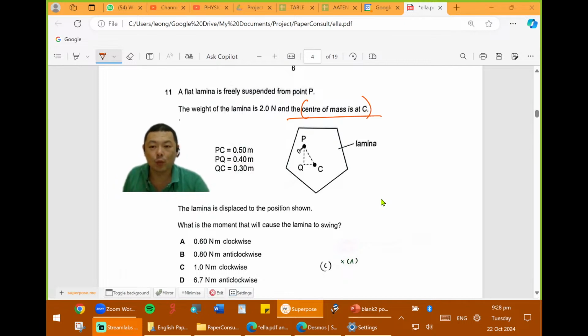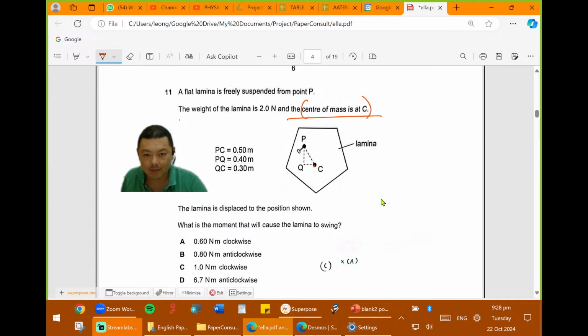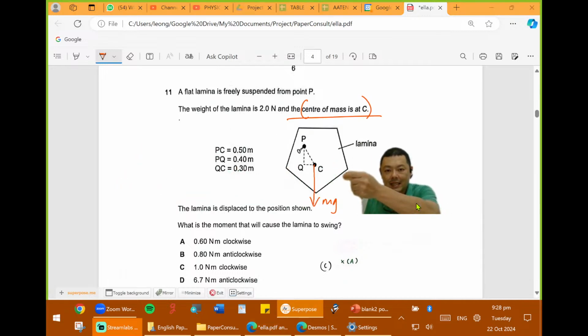Weight is acting. Weight is a force. So it's acting from C, right? So this mg, right? Okay. So what happens now is that you have displaced this card to the side like that, right?